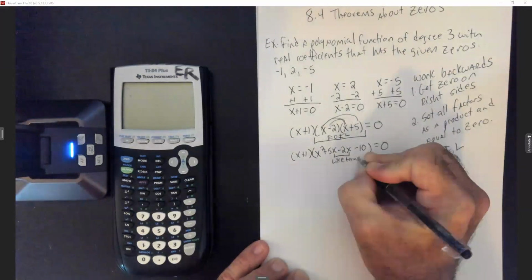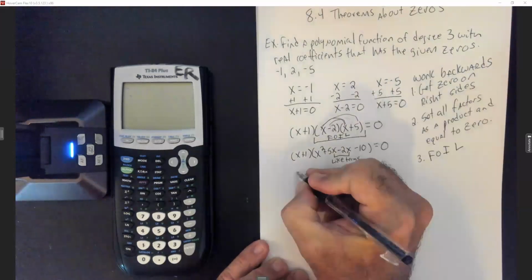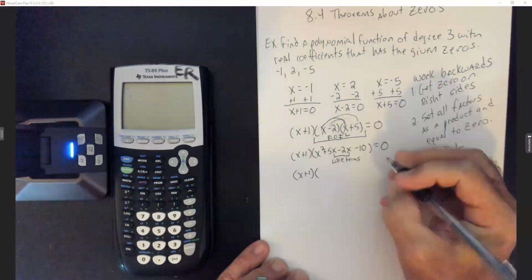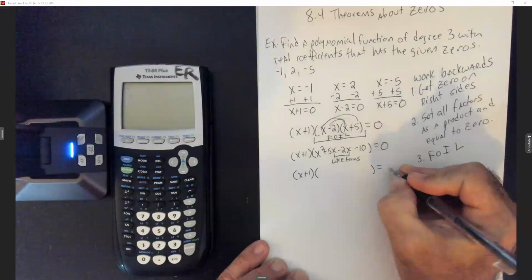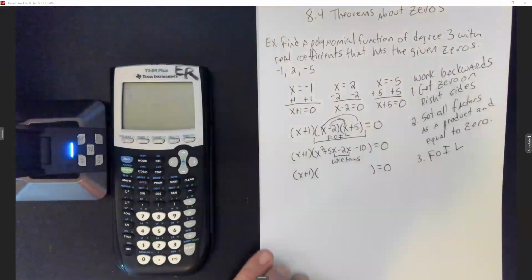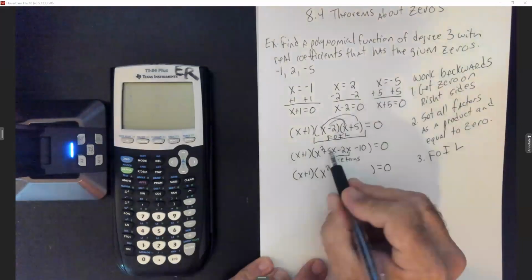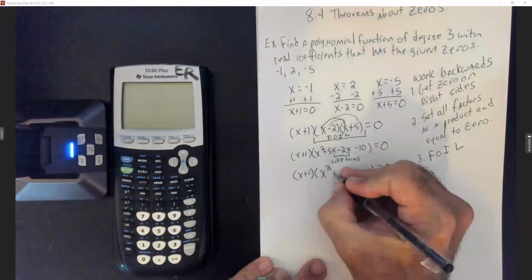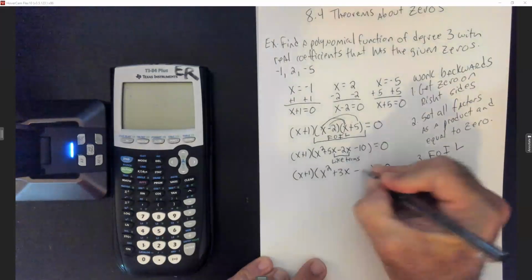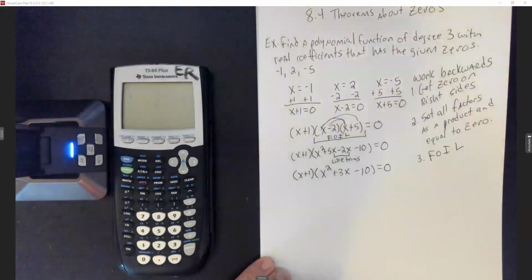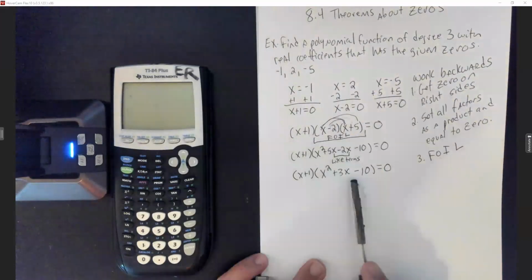So bring down the x plus 1. I'm still going to have big parentheses, all equal to 0. So the x squared would come down. 5 minus 2 would give me a positive 3x, and then minus my 10.